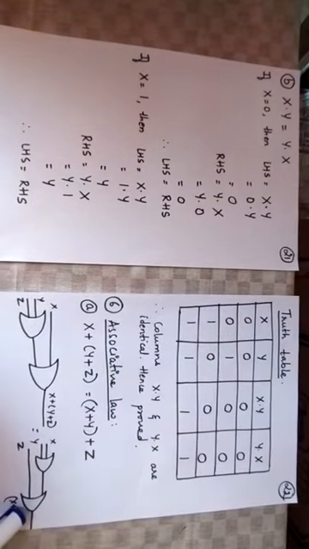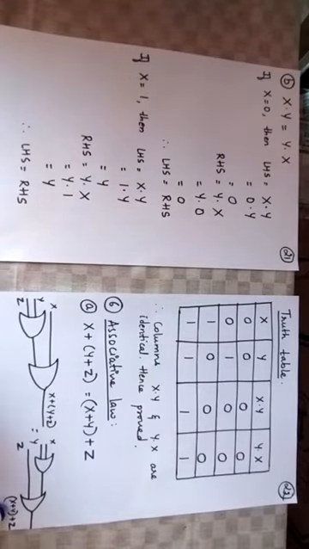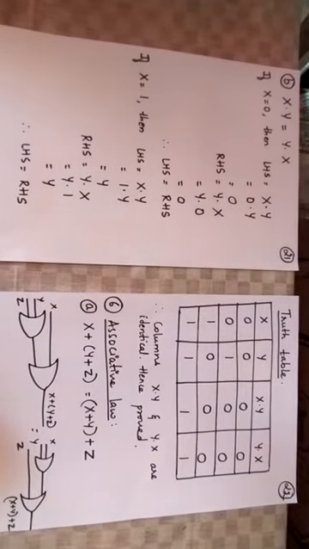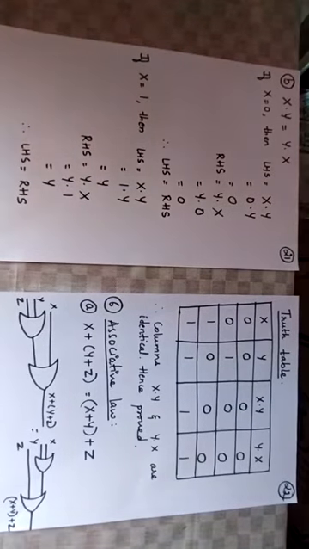So I am taking another OR gate here. What are the inputs to it? X plus y goes as one input, and z goes as another input, which results in (x plus y) plus z. Now this is how we draw the logic diagram for the first associative law.